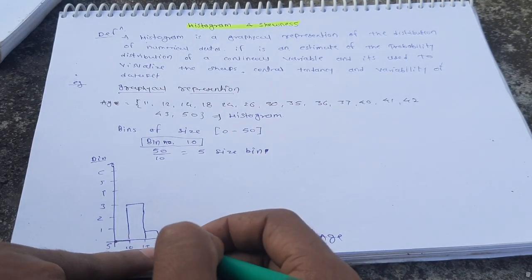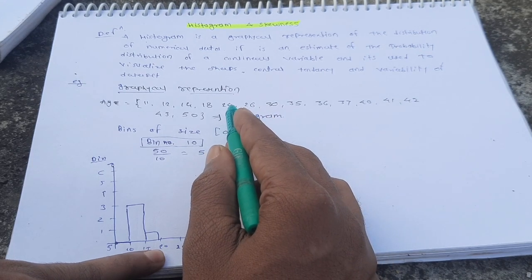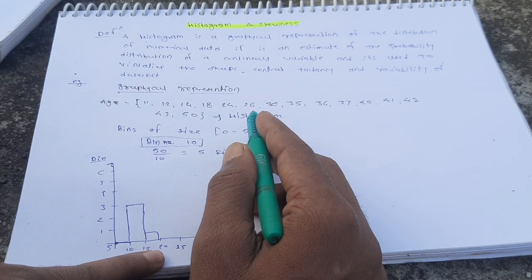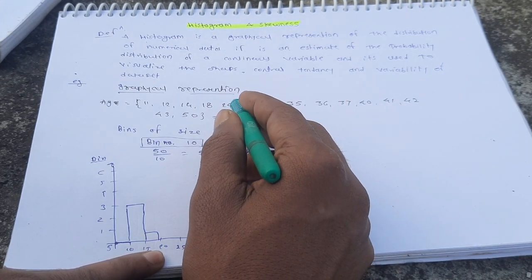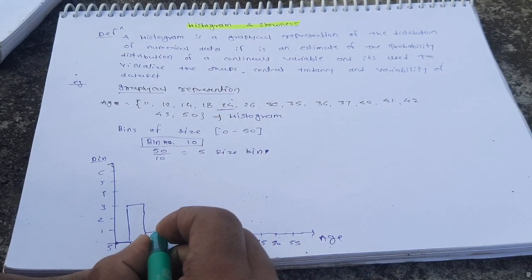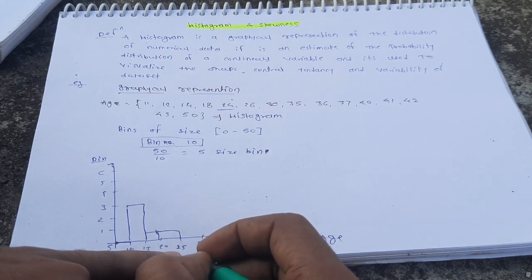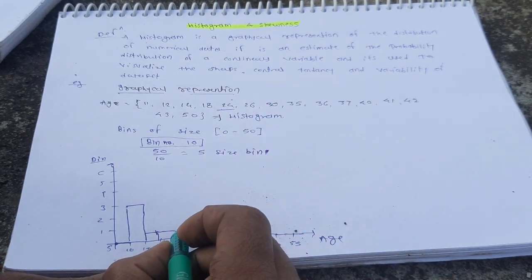And 20 to 25 has just one value, which is 24. Between 25 to 30 there is just one value.